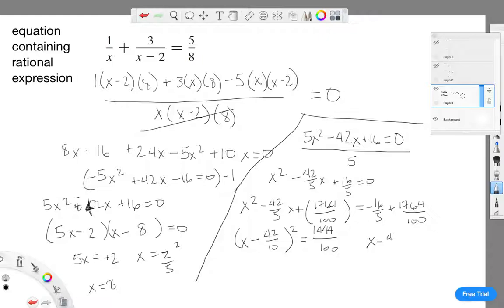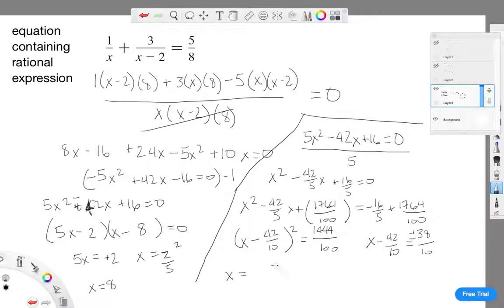We get x minus 42 over 10 is equal to 38 over 10. Square root of 1444 conveniently is 38. Square root of 100 is 10. We have common denominators, which is convenient again. Sorry, plus minus.